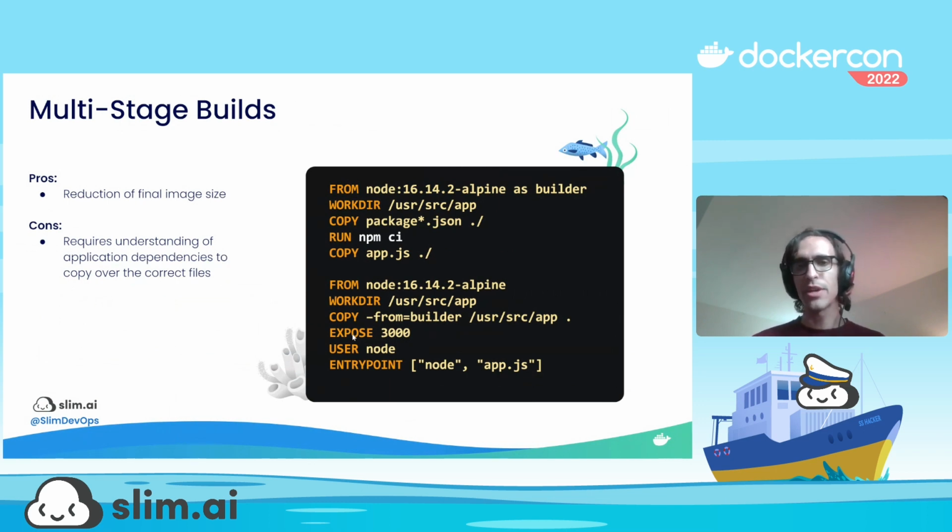And while this application is quite simple, so maybe there's not too much of a savings here, you could see pretty significant differences in what ends up in your production image if you don't run all of your setup in your prod image. Like, why do that if you don't have to? But the additional challenge here, as previously mentioned, is your app.js, what does it need to run? If you don't include every single piece that it needs to run in your production image, you're going to have some problems down the line.